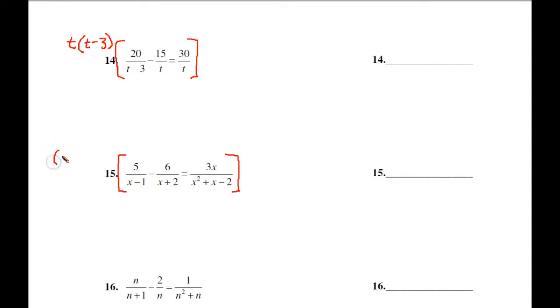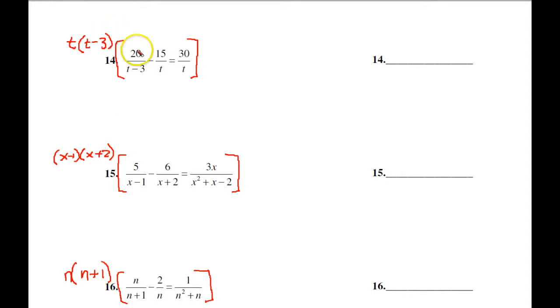So our least common multiple is x minus 1 times x plus 2. And the same thing here. This will be n times n plus 1.